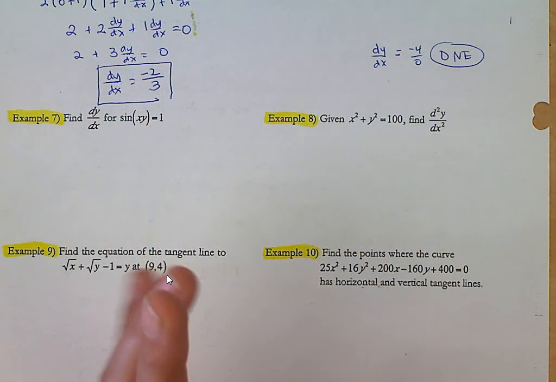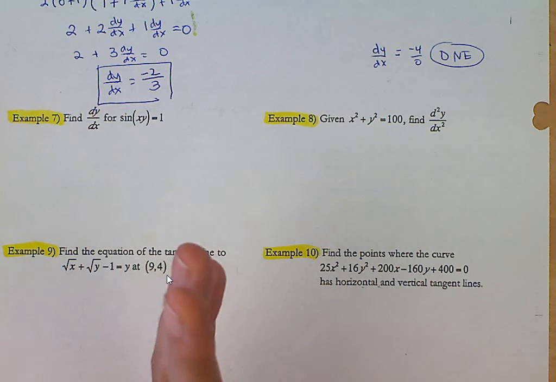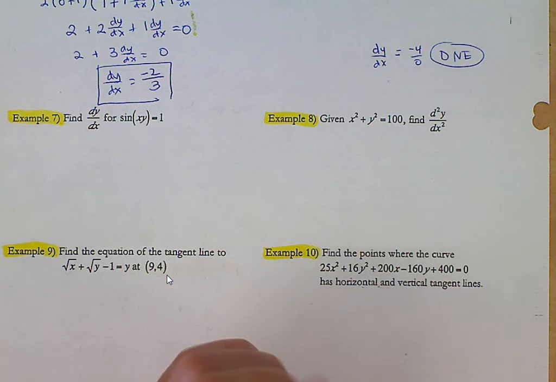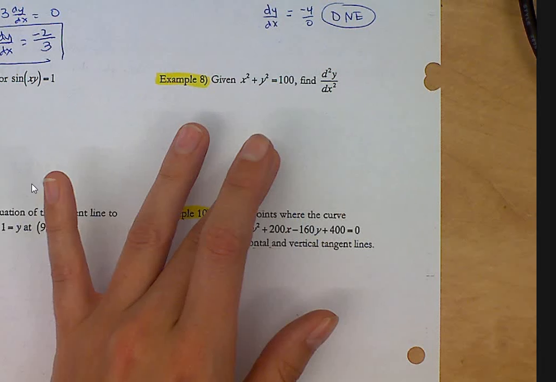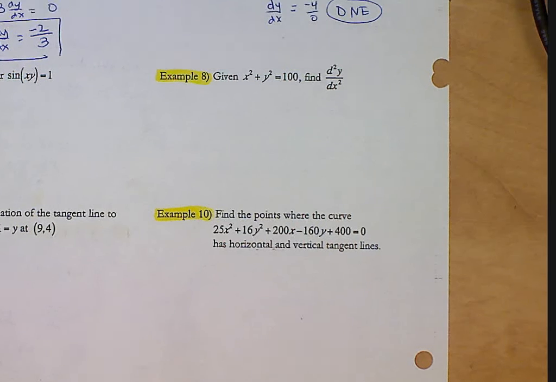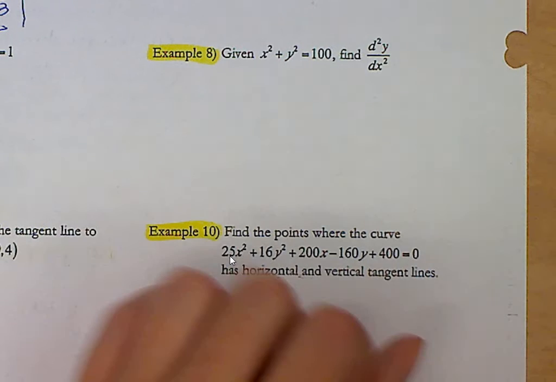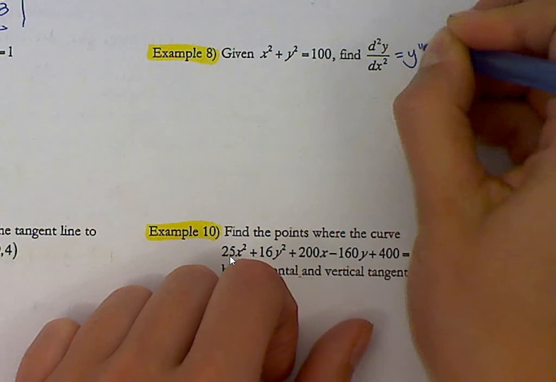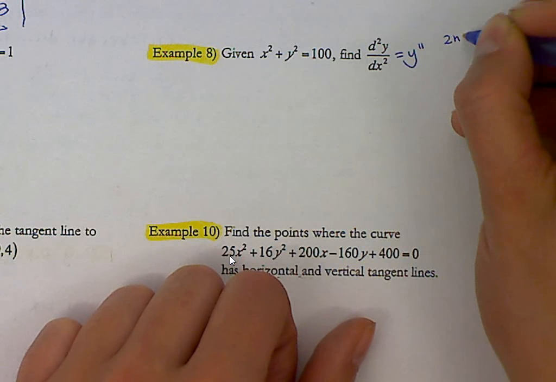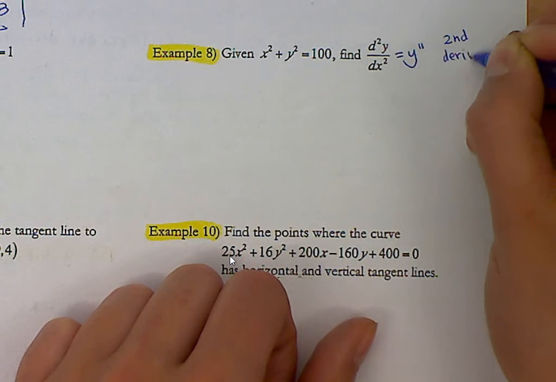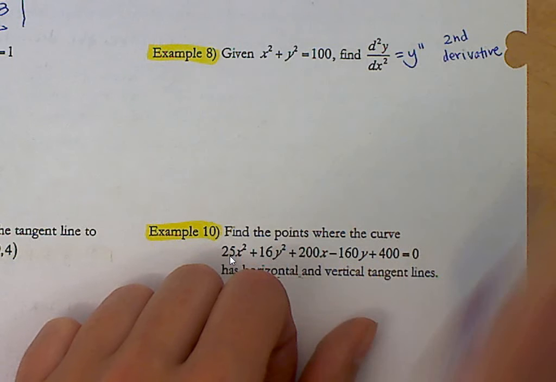So for these two, we will have an equation at the end instead of an actual value. I will do 8. So 8 is the second derivative, actually. So this notation here is the same as y double prime, which is referring to the second derivative. So this means take the derivative twice.